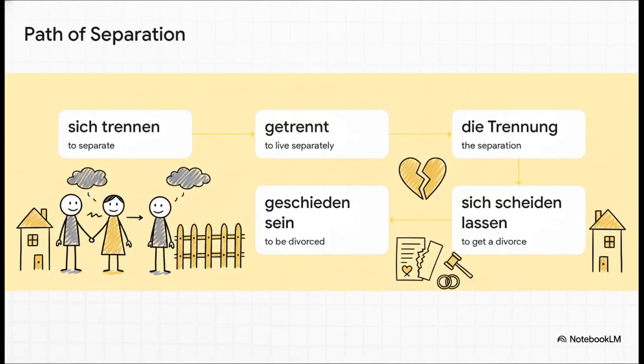Now, if the conflict can't be resolved, the German language has a very clear and kind of logical path for how a relationship ends. First, the couple might sich trennen, to separate. That leads to them getrennt leben, living separately, which results in die Trennung, the actual separation. If they're married, the next step is sich scheiden lassen, to get a divorce. After that's finalized, they are geschieden, divorced.